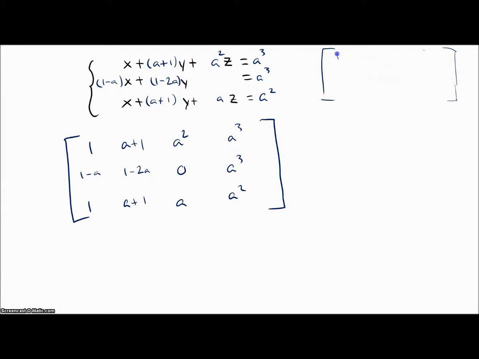And when I get towards my final answer, all the stuff I do with the matrix, what I want to have is something that looks like this, if at all possible. Here you have stuff, and basically here would be your answer for the variable z, here would be your answer for the variable y, and here would be your answer for the variable x. That's what I want to get to.